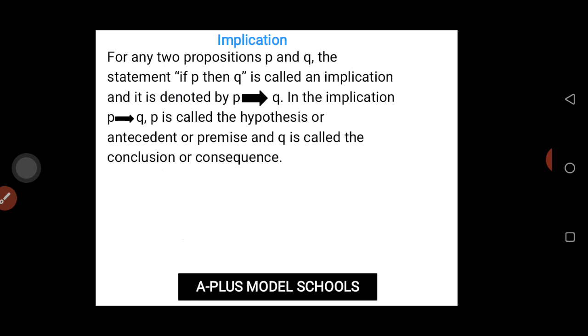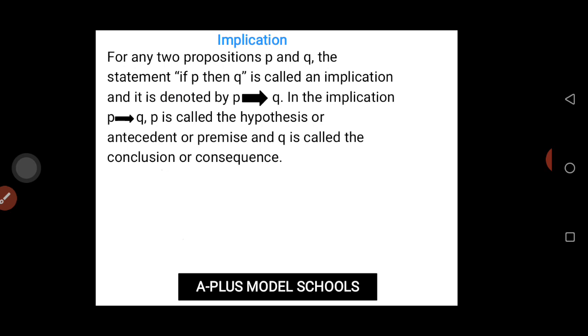Now, when you look at this law, P is the hypothesis. Why? Because when we are talking of hypothesis, it is a guess, or something you assume to be true. And when we are talking about conclusion or consequence, it is just like a value.